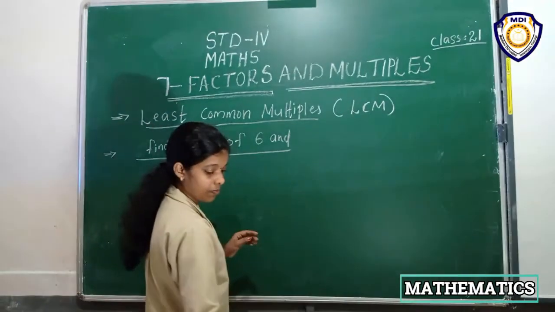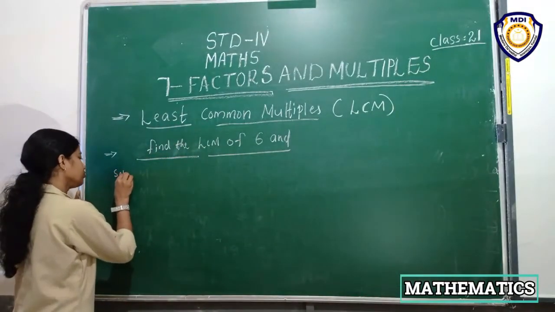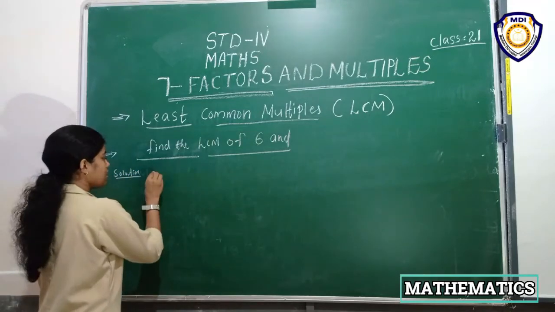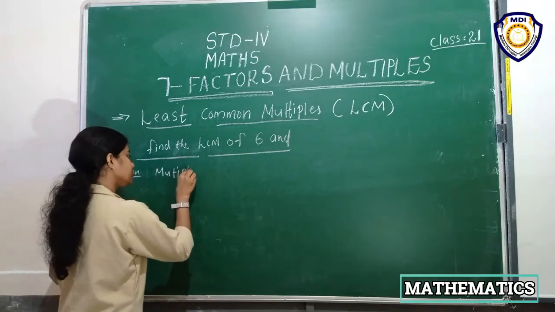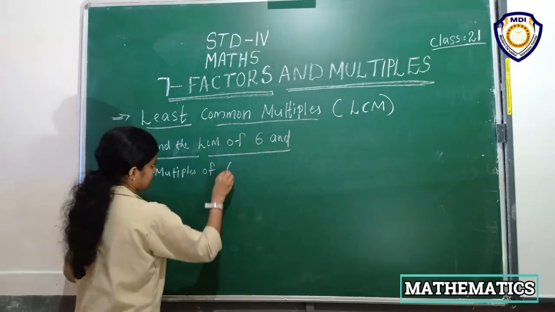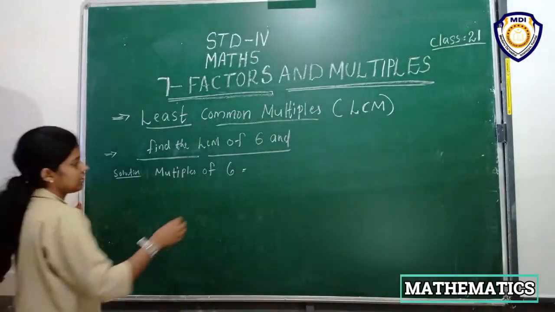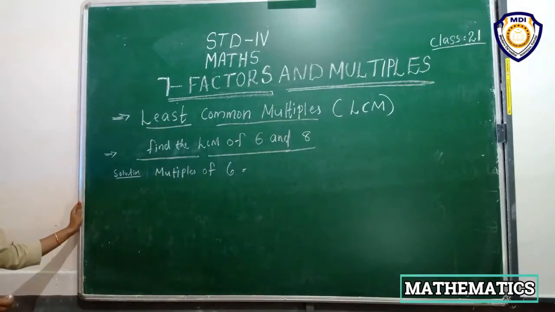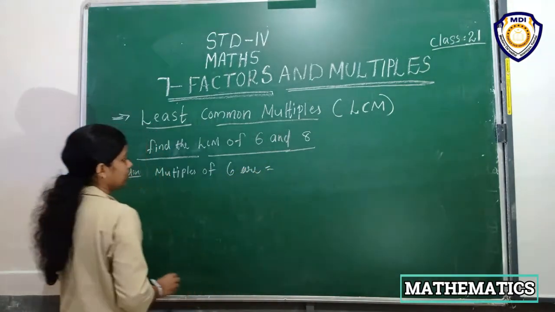Then how to solve this? Firstly we want the multiples of 6.